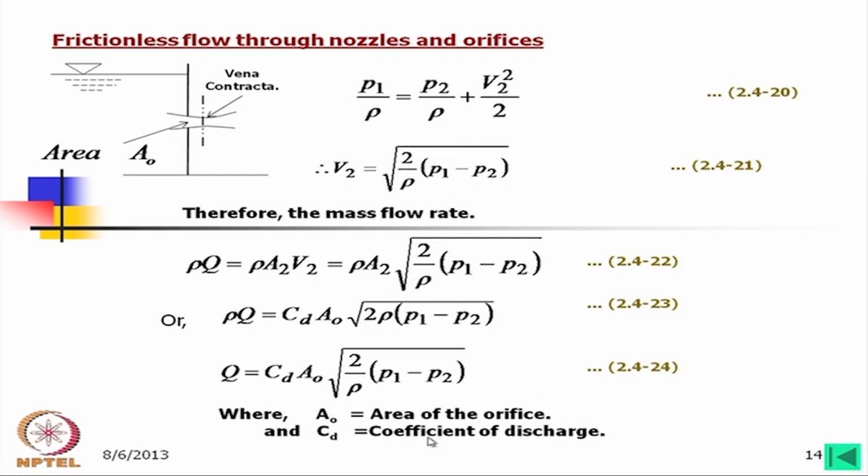Again, you know that the coefficient of discharge is equal to the area contraction coefficient times the coefficient of velocity. So, combining these, we use Cd for fluid flow. In case of fluid power with incompressible flow for a suitable orifice, normally this Cd value remains more or less constant.